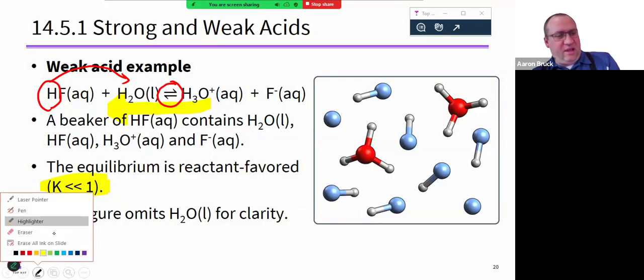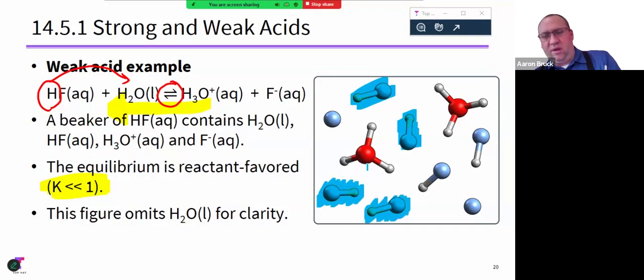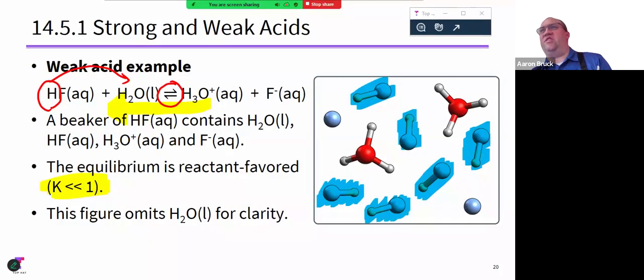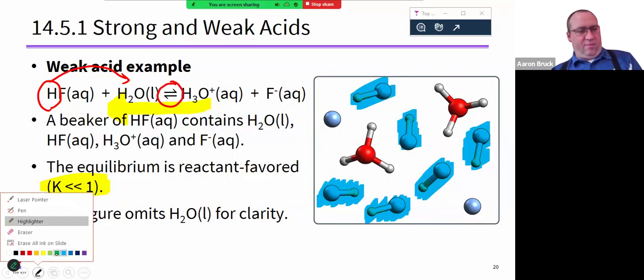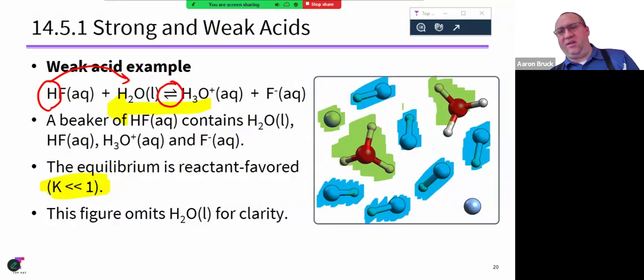And what do we see? Well, we see in this instance that here's an unreacted molecule, here's an unreacted molecule, here's an unreacted molecule. We've got all of these unreacted molecules of HF, and only a couple of them have actually broken down into hydronium and fluoride.